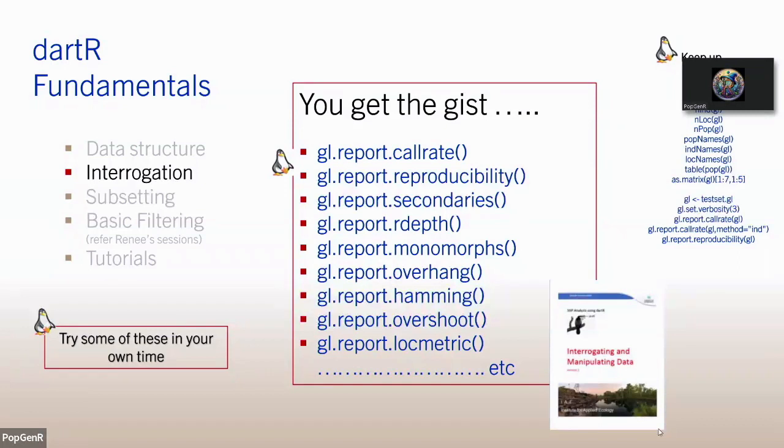Overshoot and overhang are the same, I think. They're probably cocked up there. And then you can report on a locus metric. So if you've got a locus metric, any locus metric, you can do a report on that and get a histogram of that particular locus metric, which is quite valuable if you want to use some of the things like AvgPIC, for example.